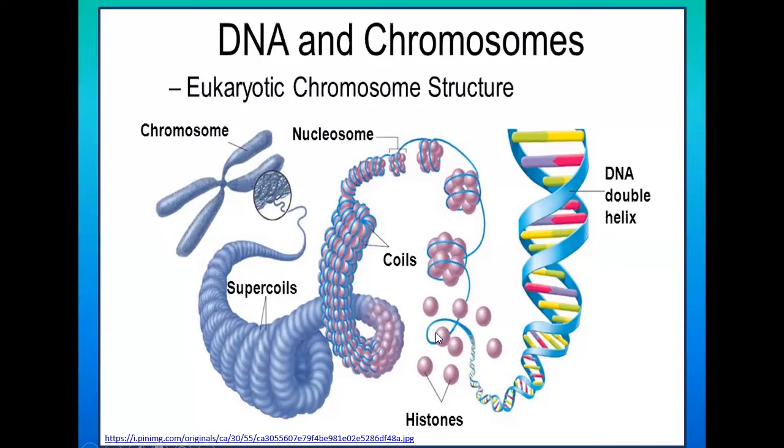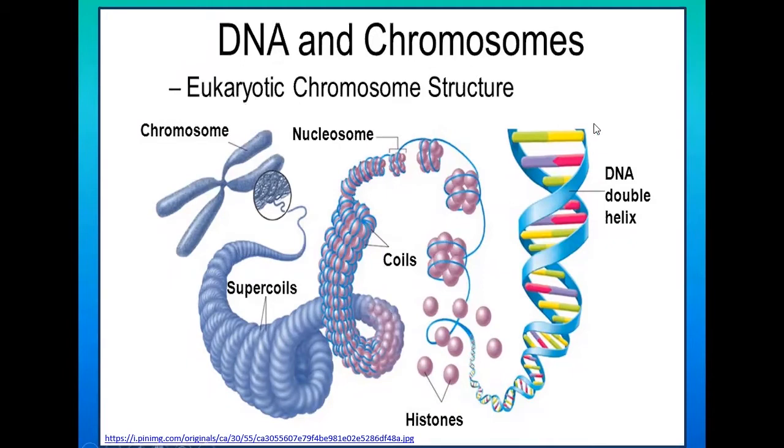And once we form a structure like this, from what you've seen from the illustration, this is now called a nucleosome. So packed nucleosomes are what your chromosome is made of. Another thing that you have to remember in terms of this structure, your eukaryotic chromosome is found inside the nucleus of a cell.